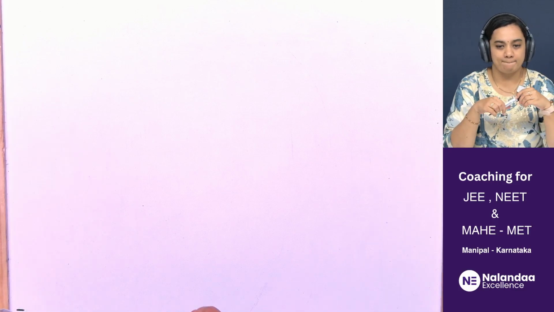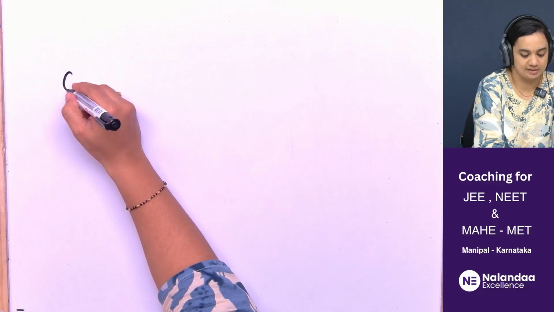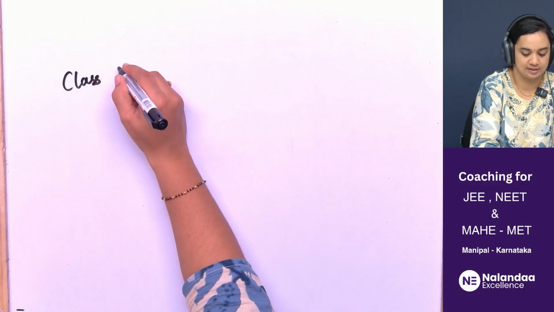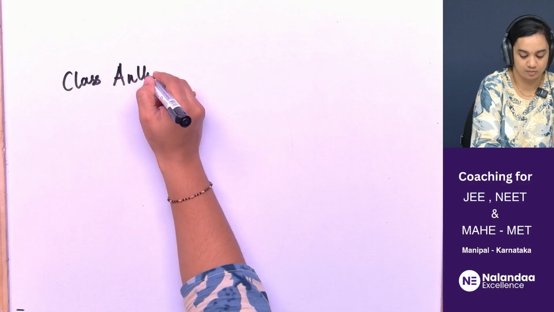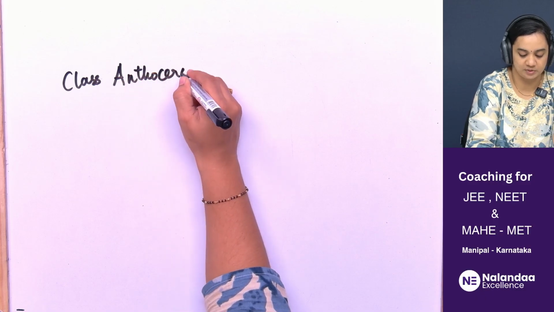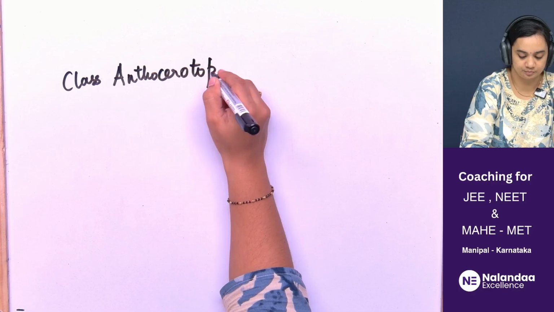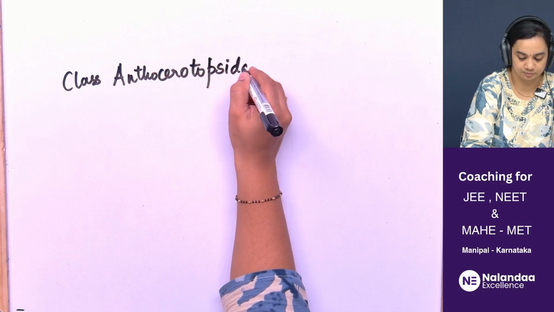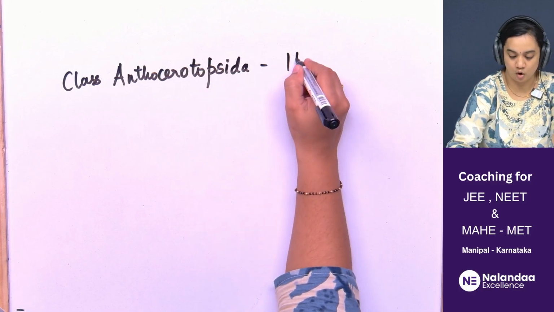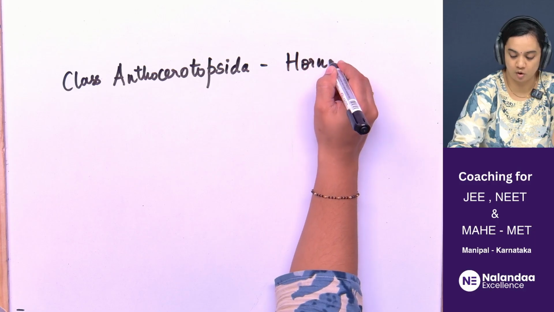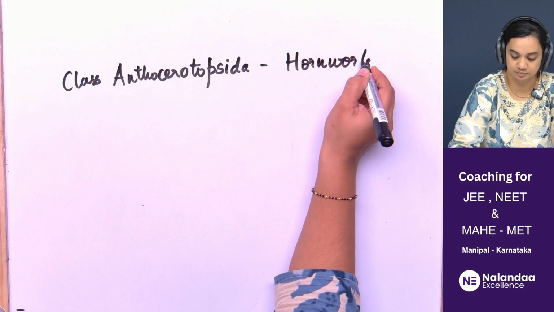I didn't write it down. Could you just? Ah, the second class is class Anthocerotopsida, commonly called hornworts.